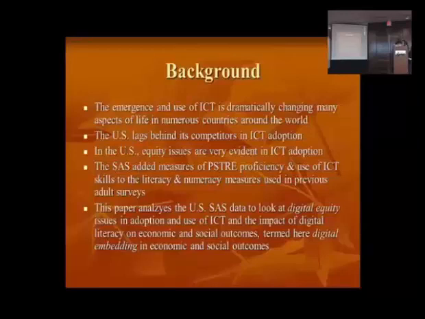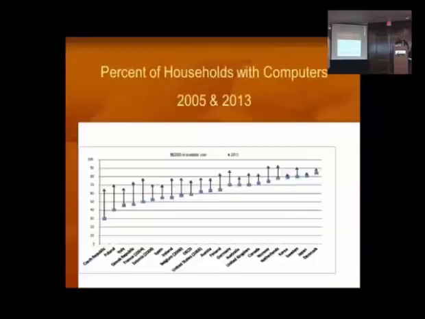And let me just quickly, if I can get there quickly. Now I'm stealing data from OECD. These are not results of mine. Okay, so here's the U.S. We're just right on the OECD average in percent of households with computers, but we're falling behind if you look at the depth of the arrows.